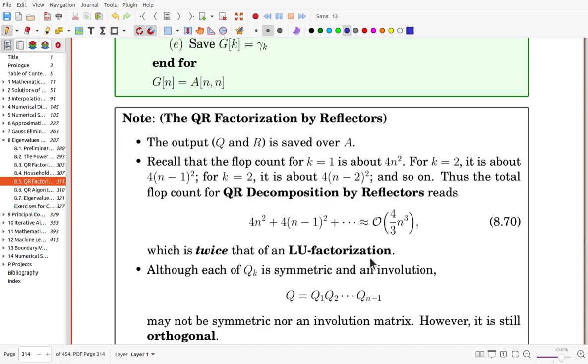So for solving linear systems, QR factorization is not much used because the cost is twice that of LU factorization, which is more popularly used. But QR factorization is useful for many applications, so it will be very frequently used.